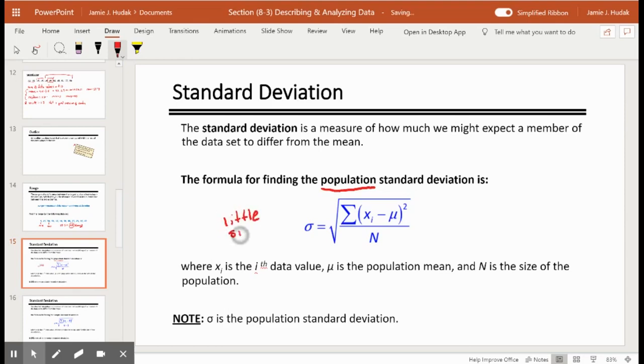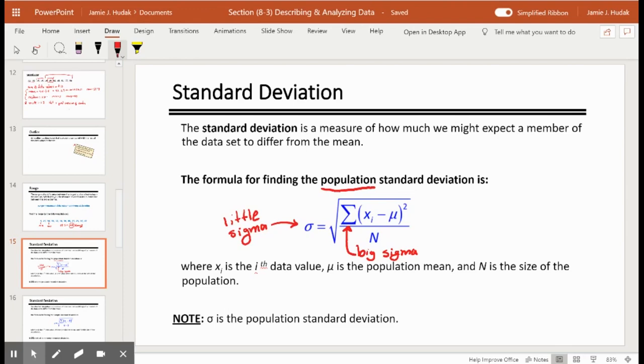Little sigma, and the summation is big sigma. Big sigma is used to denote that we're adding up a list of numbers, and little sigma is used to denote the standard deviation in the data set.